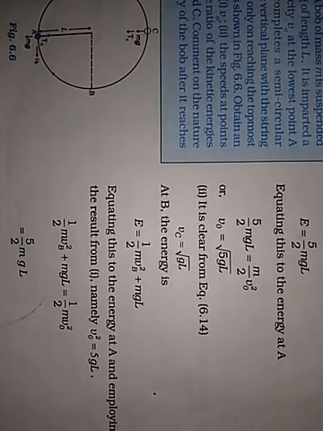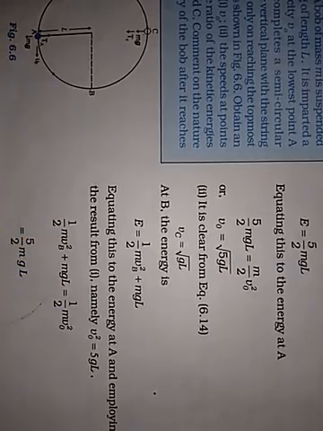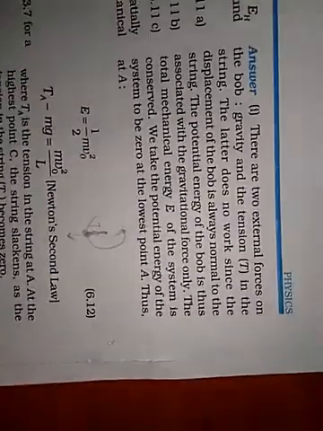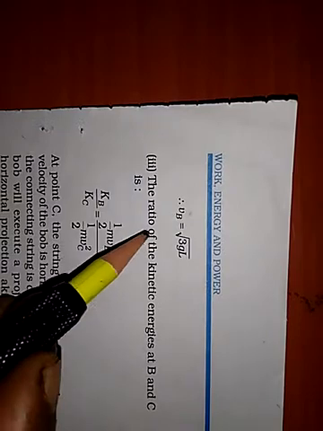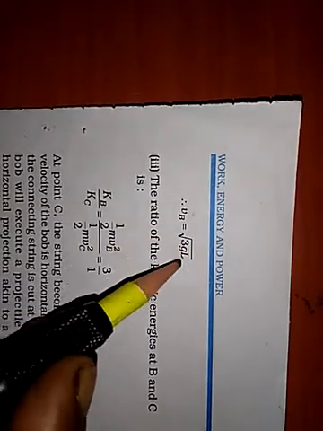So this is the relation for the point B, equating B and A. Now we have vb square. Now if you take the root, vb is equal to root of 3gL. So this is from this equation.